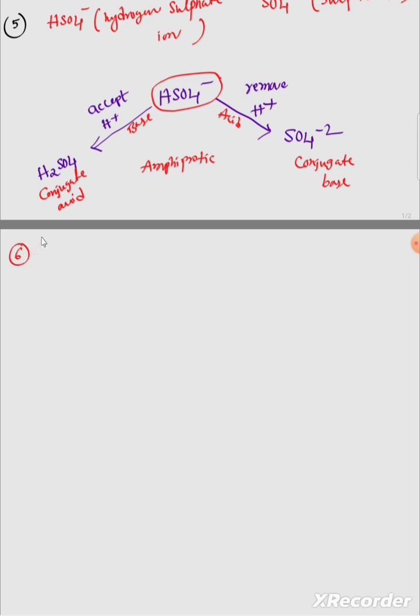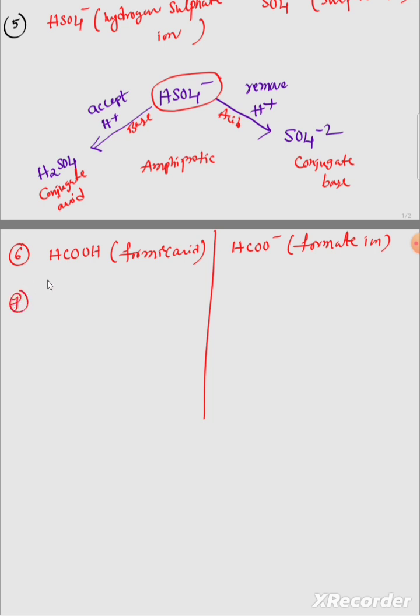Formic acid, formula HCOOH, gives the HCOO minus formate ion. Next, acetic acid, CH3COOH.